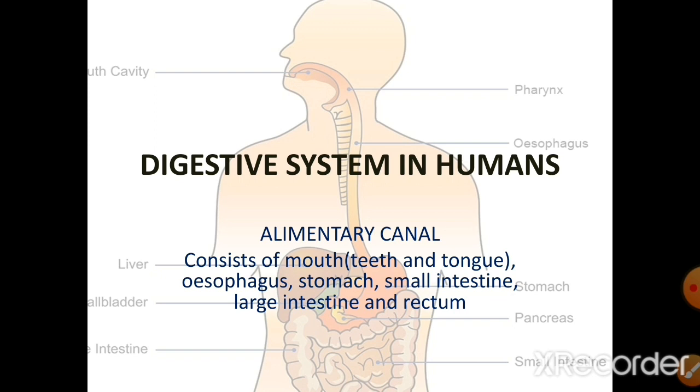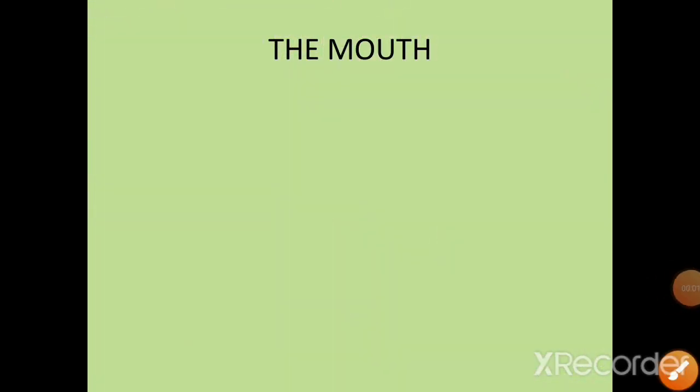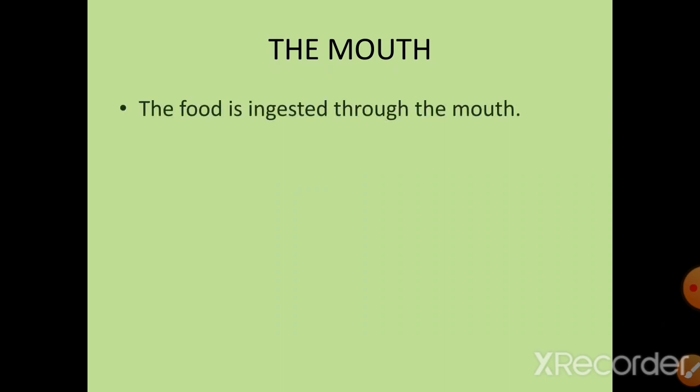All of you know how a mouth looks, isn't it? Let us start with the mouth. You know we take the food through our mouth. Food is ingested. Ingestion means taking in food. The process of digestion begins as soon as we start chewing the food.